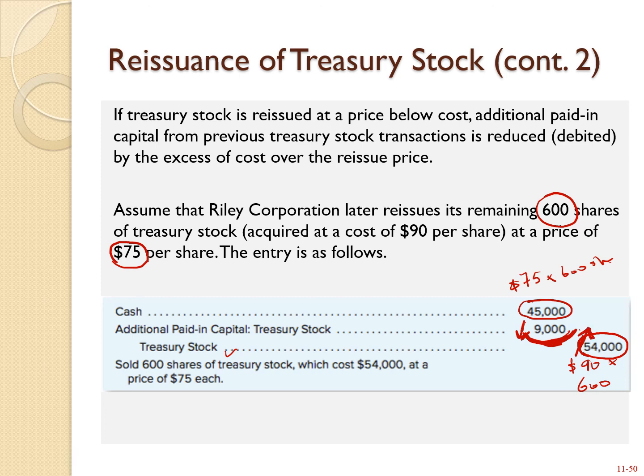So now your equity has increased in total by 45,000, which is the 54,000 minus the 9,000. At the same time, your assets increased in cash by 45,000. So now the equality still holds.